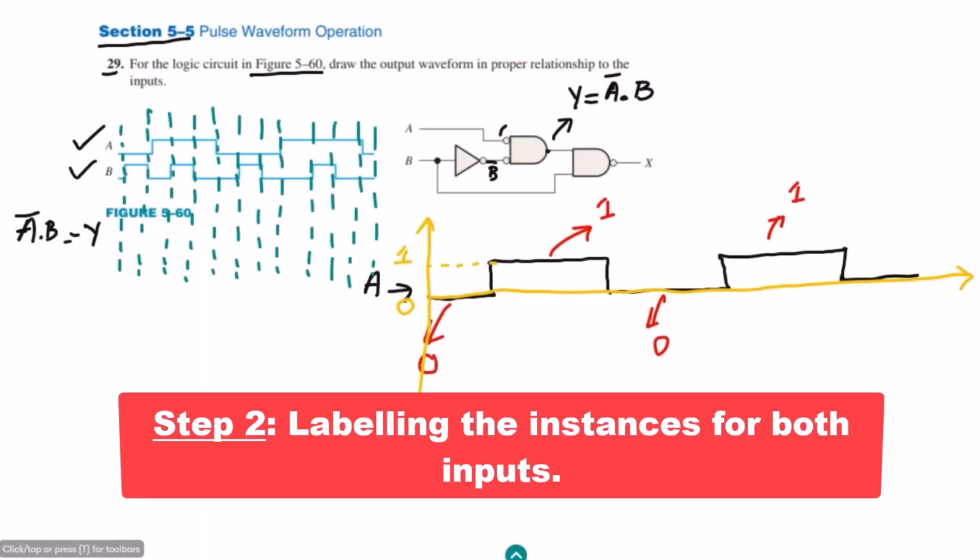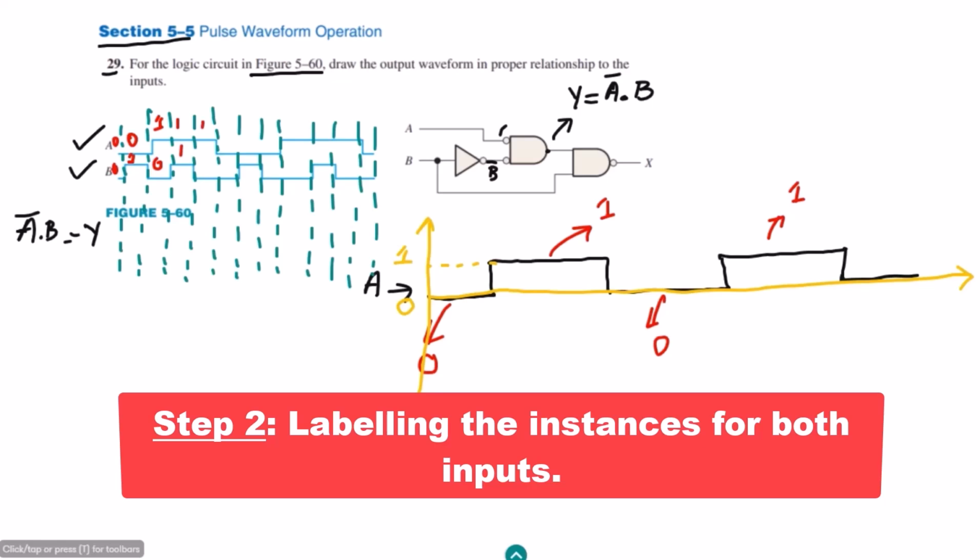Writing them here, we can see that at this first level the value of A is 0 and the value of B is 1. Up to this, the values of A and B are both zeros. Similarly, at this value A is 1 and B is 0. Here both values are 1, 1.